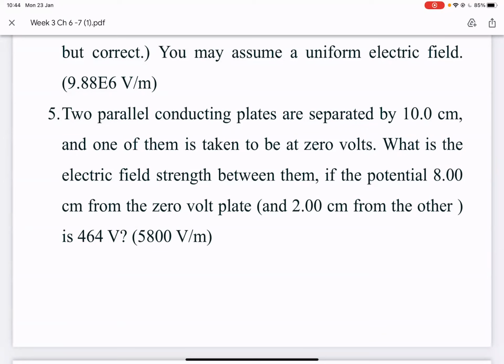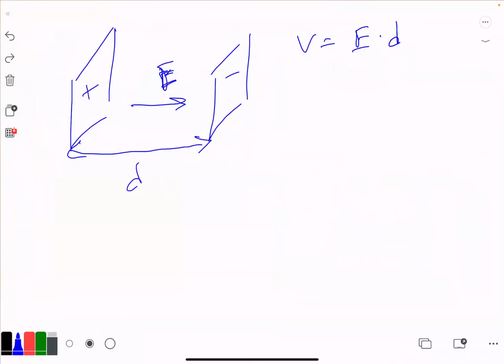Have you understood the question? So we have parallel plates.